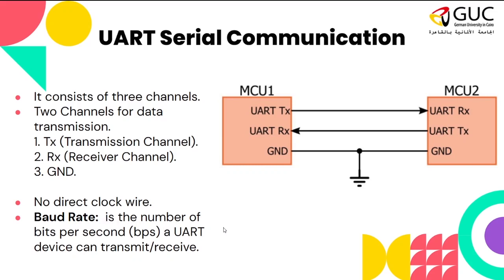So the baud rate is the frequency of the sent bits per second. UART uses the baud rate on both sides. Microcontroller 1 has to have the same baud rate as microcontroller 2, because we need to send the data with no direct clock wire.